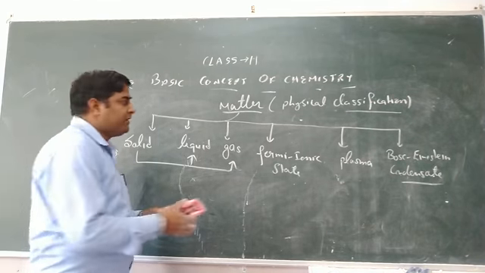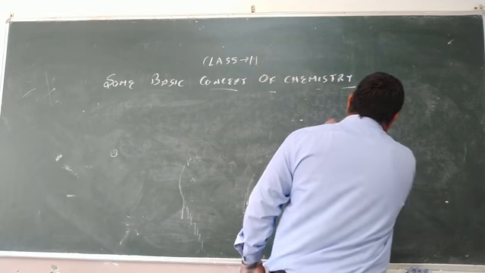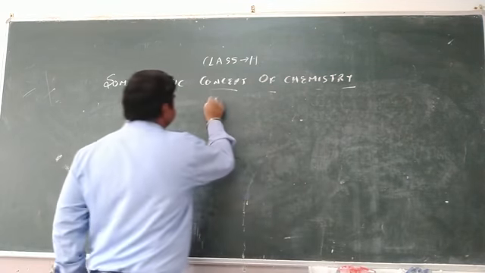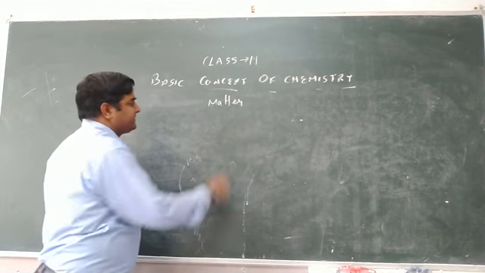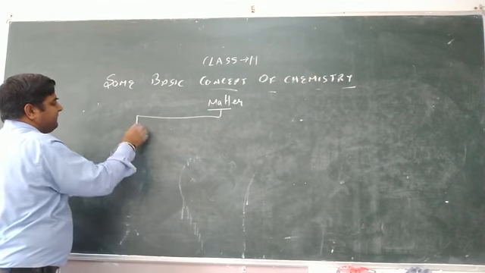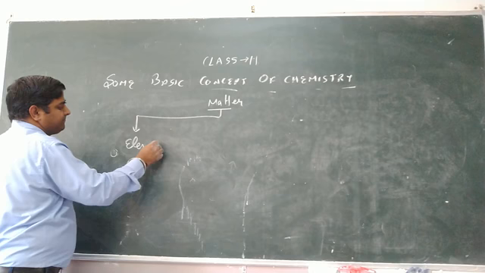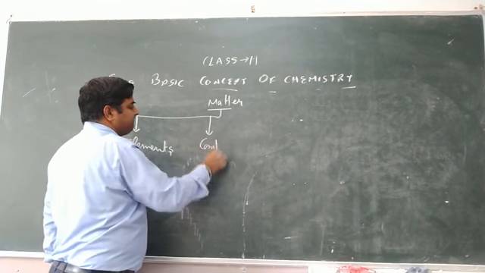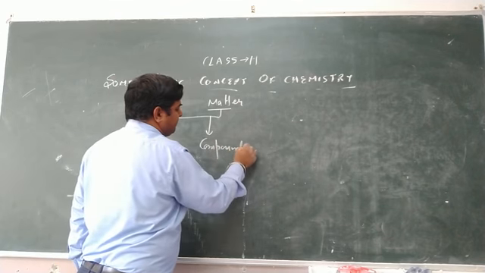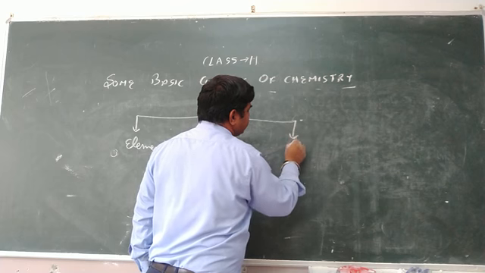So, on the basis of chemical composition, matter is classified into 3 categories. One, elements. Second, compounds. And third, mixtures.